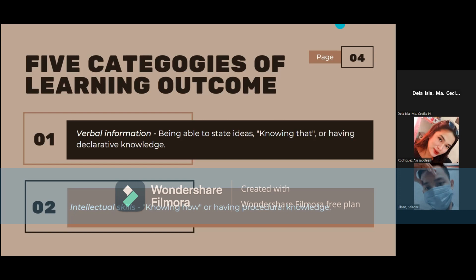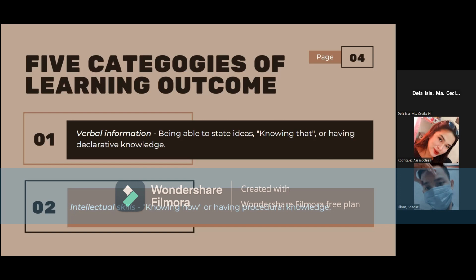It is more on receiving information that can involve different aspects beyond just memorizing the information, such as understanding the meaning of words and concepts, being able to communicate effectively using language, and also having good listening and comprehension skills.